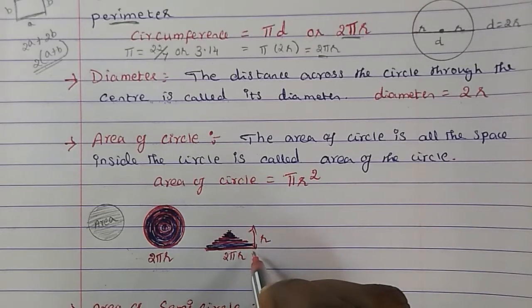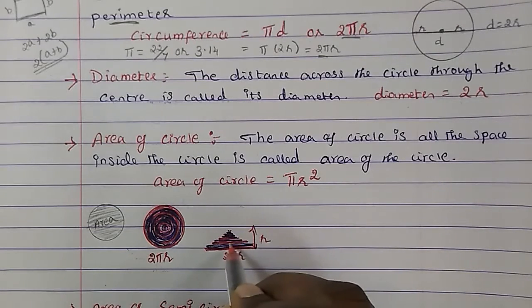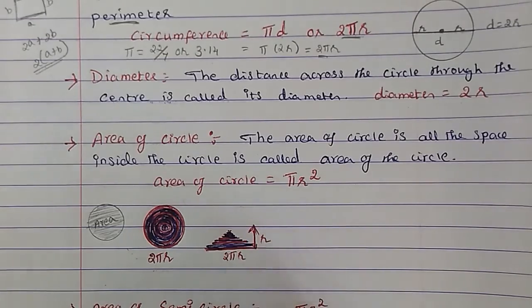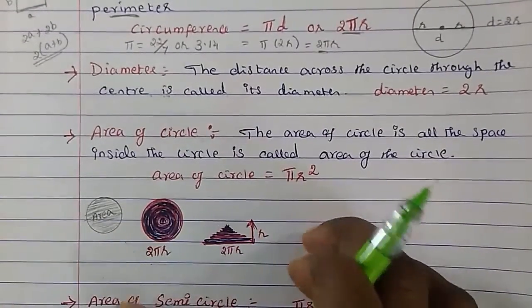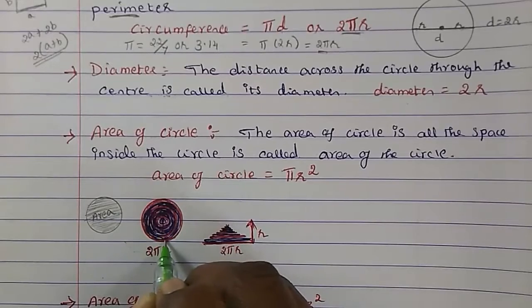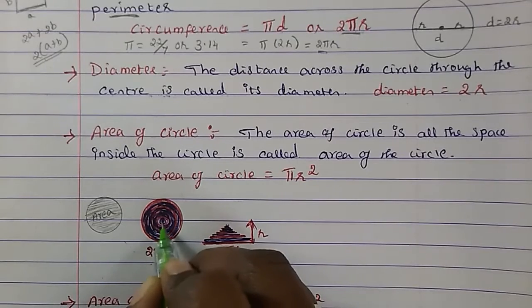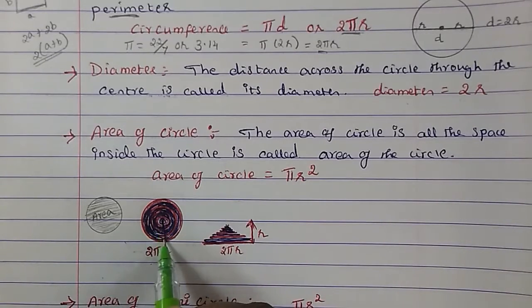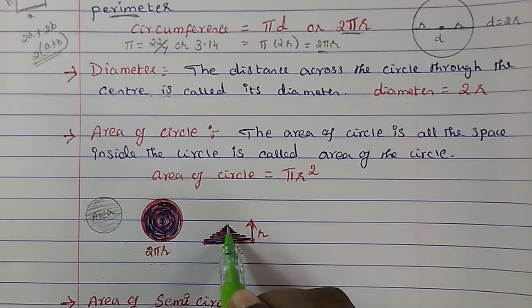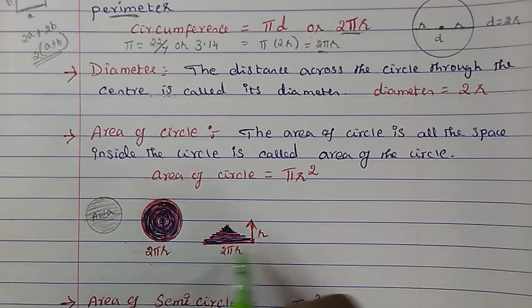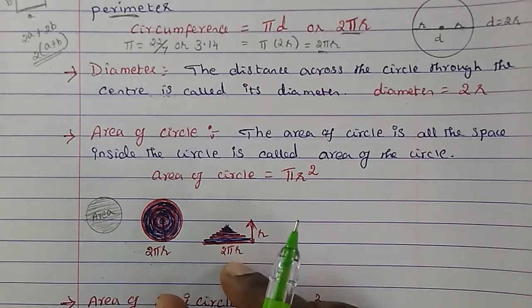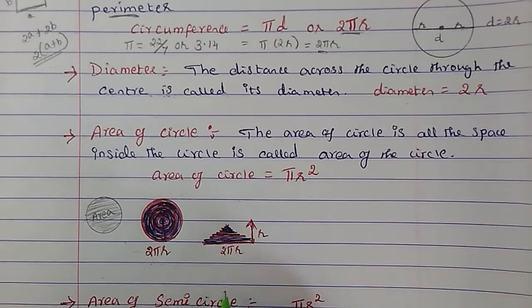Now you may wonder how this became the radius. We cut open from the center, so it goes up to the center, and when we spread this out straight, this becomes the radius. Is it clear? Now this shape is actually a triangle.